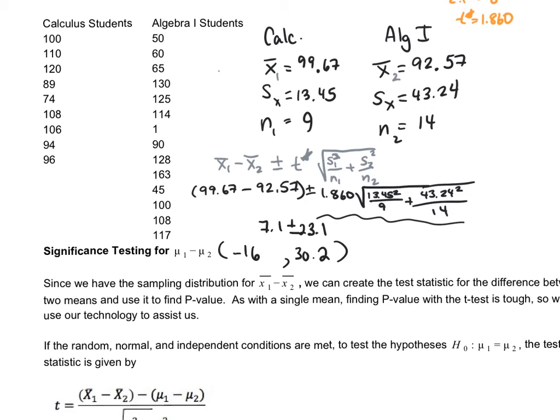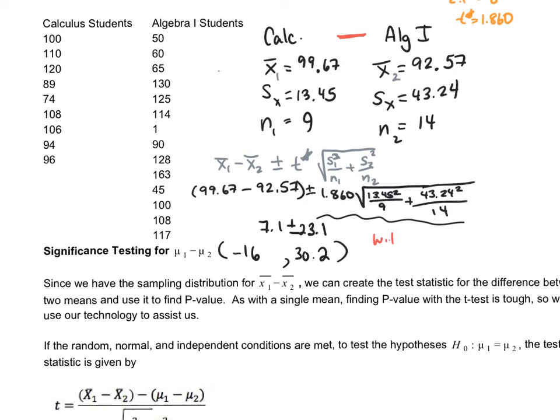But again, the first one is negative, which means the algebra 1 would be bigger, and the second number is positive, so that would mean the first one is bigger, because remember, in this problem, we were doing calculus minus algebra. That's how we did all these problems. So since one is negative and one is positive, remember that means that we really don't know which one is bigger.